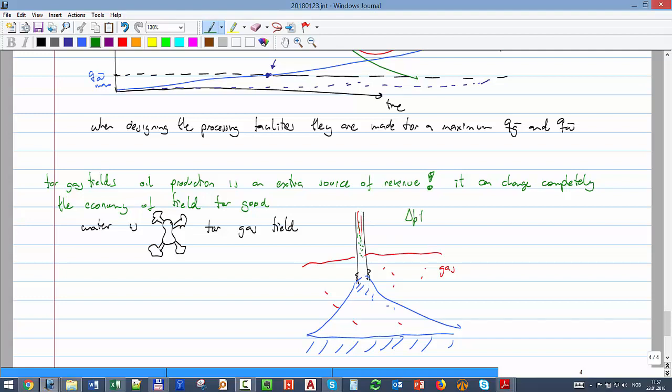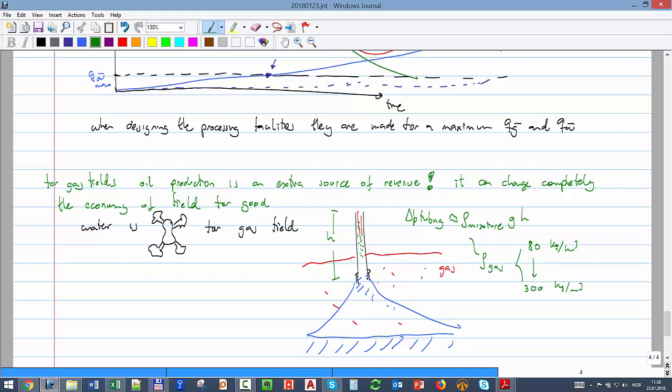Remember, the delta P in the tubing is the density of the mixture times the difference in height H times the gravitational acceleration. And this field was usually producing with a gas density of anything between 80 kilograms and maybe 300 or 400 kilograms per cubic meter.